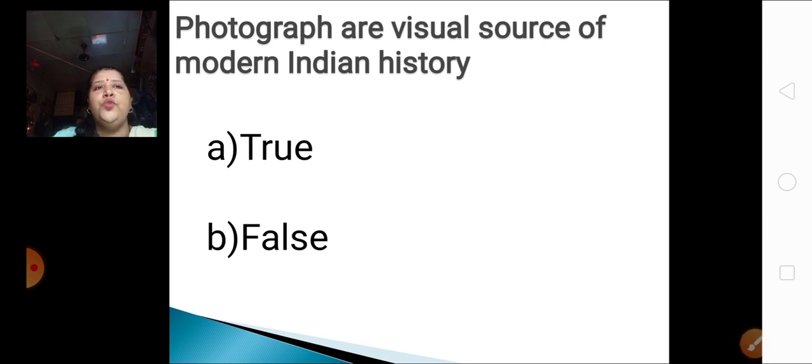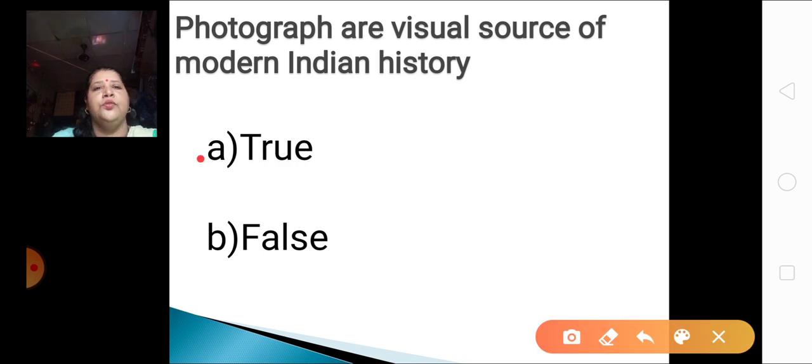Photographs are visual source of modern Indian history. True or false? Yes, it is true. It is a visual source of modern Indian history.